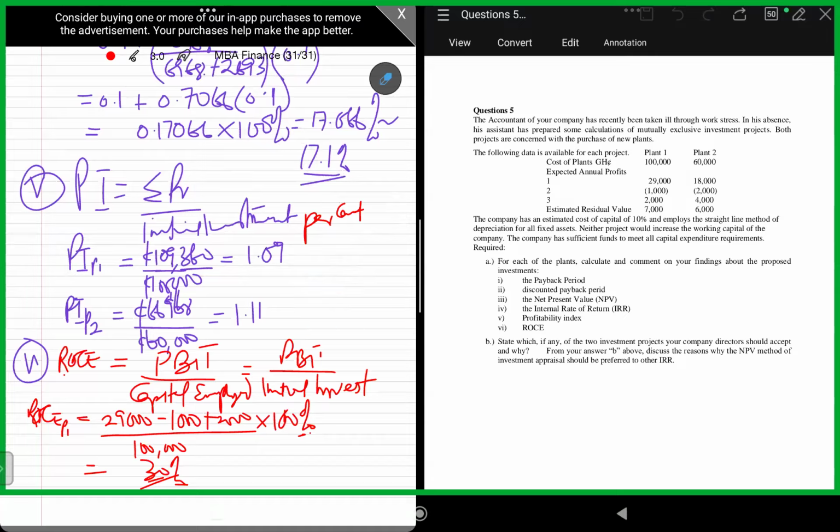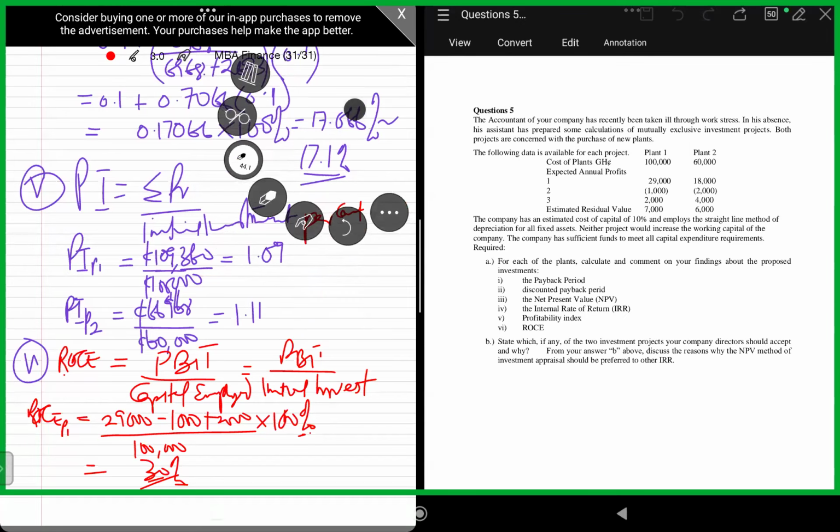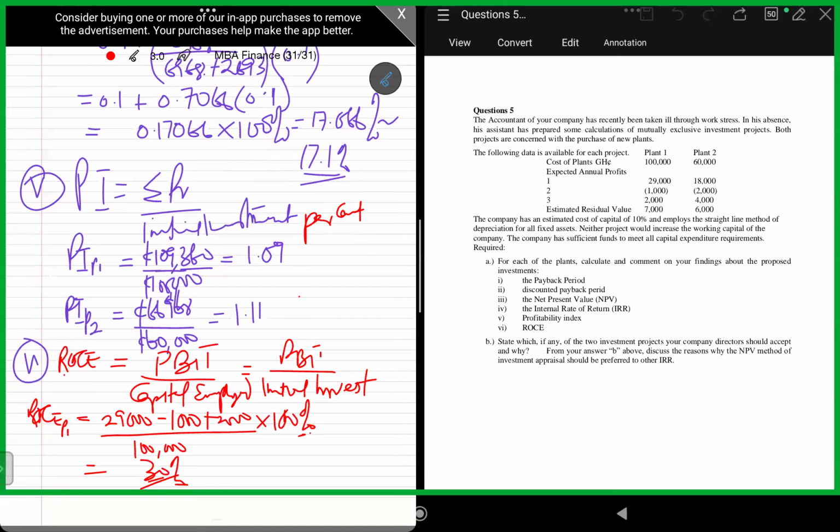Okay. Are you getting it? Yeah. If you want to multiply 0.5 times 100, though we know it's a percentage, don't bring the percentage sign. It will give you 50%, which is correct.